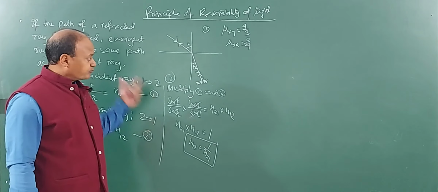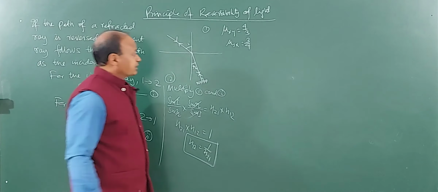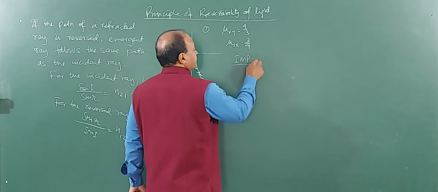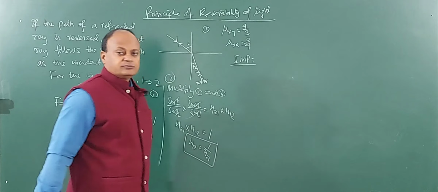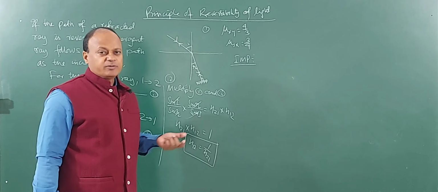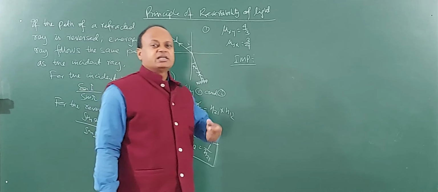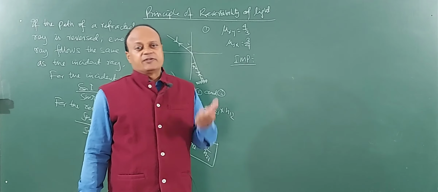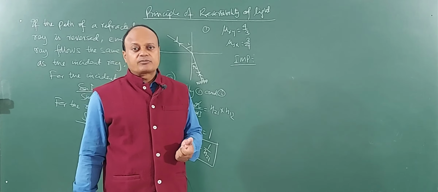Now, going back to Snell's law, you have to understand one important point. Generally, when we encounter numerical problems, they will say refractive index of glass, refractive index of water, refractive index of oil, all this will be given.